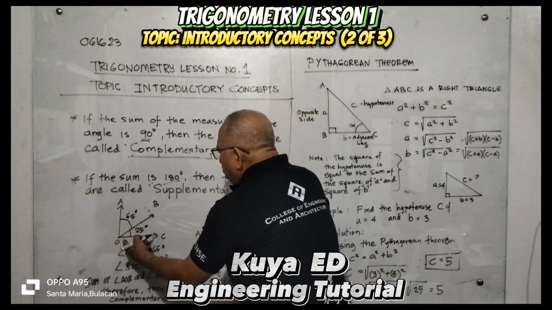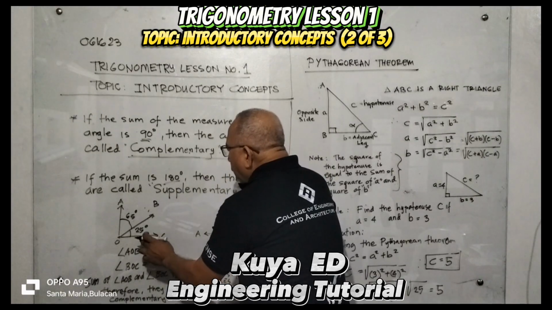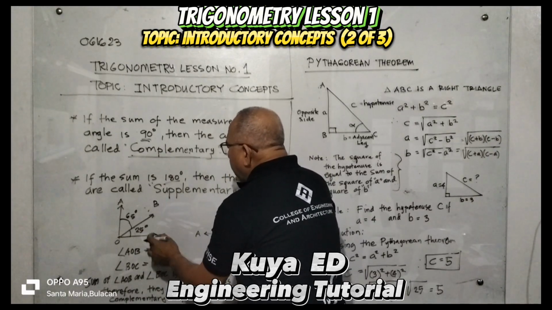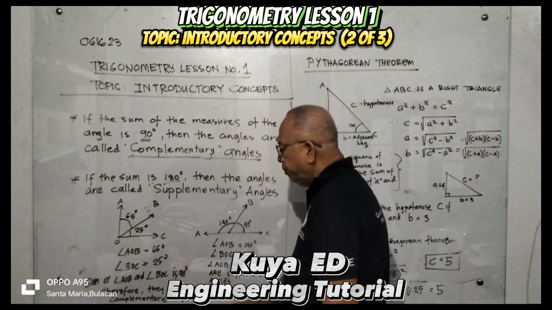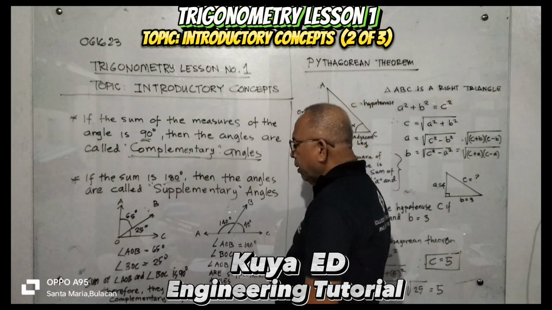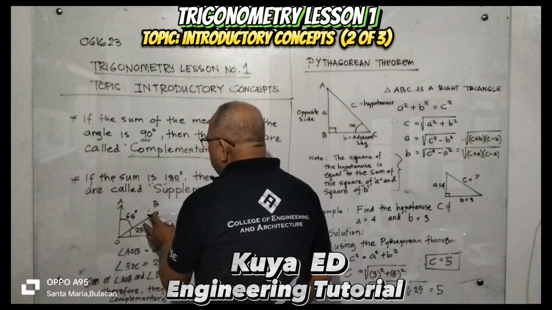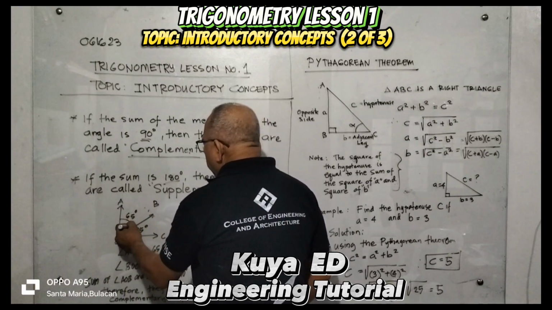Then, the angle from OC going to OB is 25 degrees. Then, from OB to OA, the angle is 65 degrees.